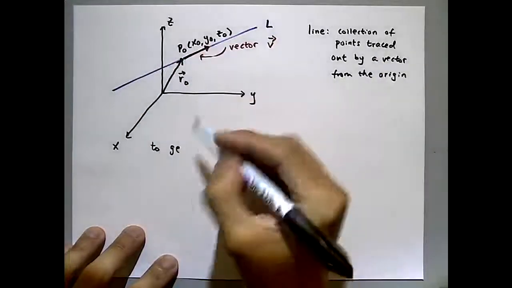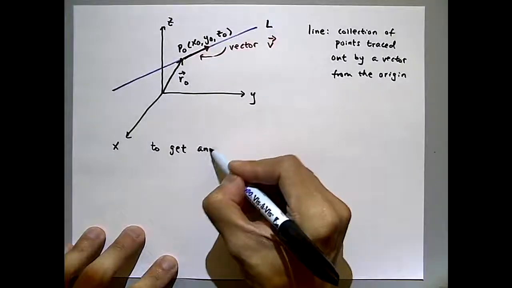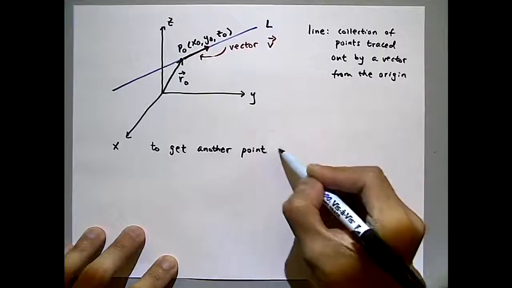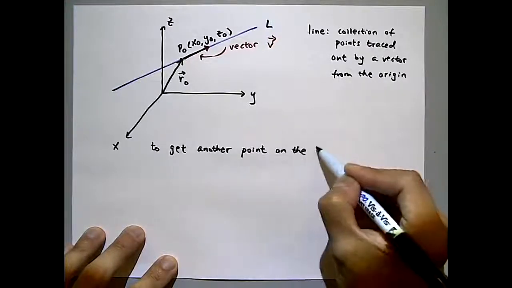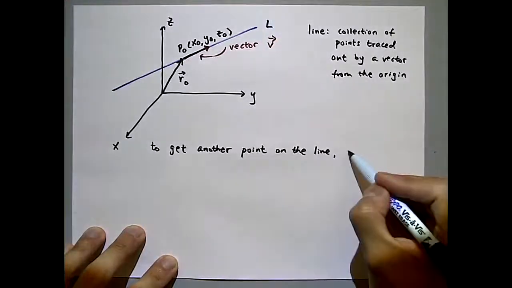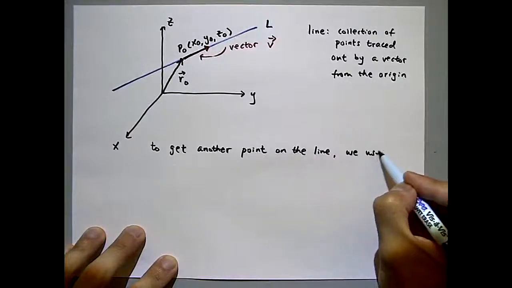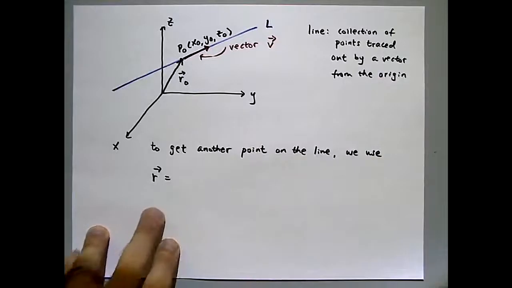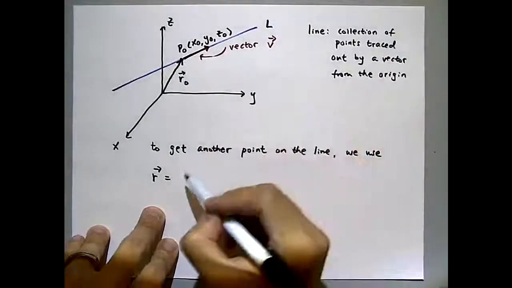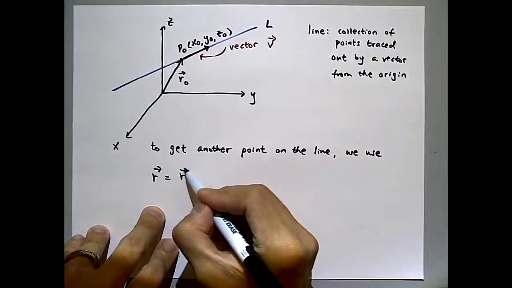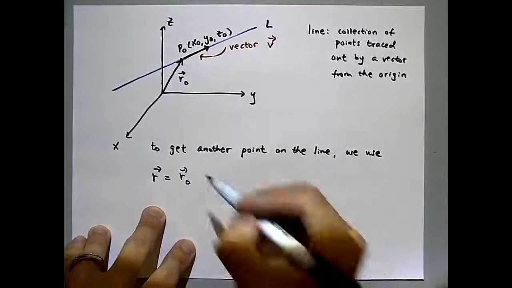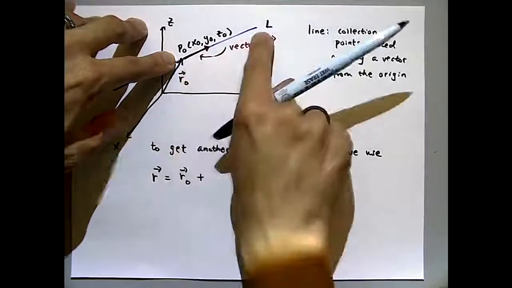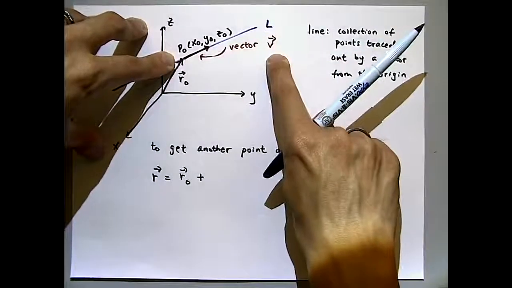Okay, so that's one point. To get another point, first I have to get onto the line by going to r0. And then I'm going to add another vector along the line determined by this direction.